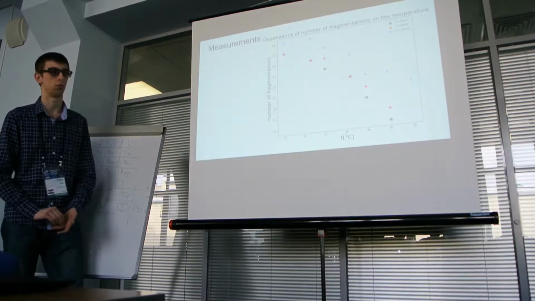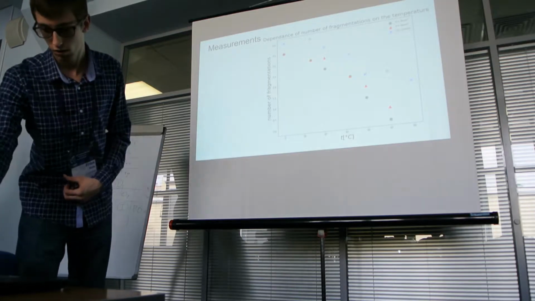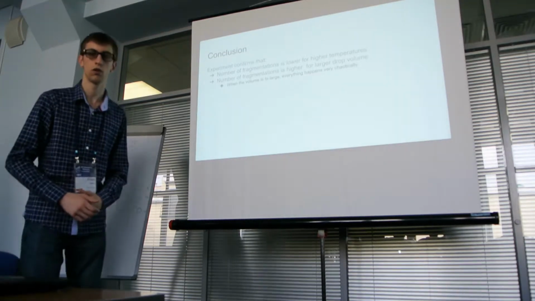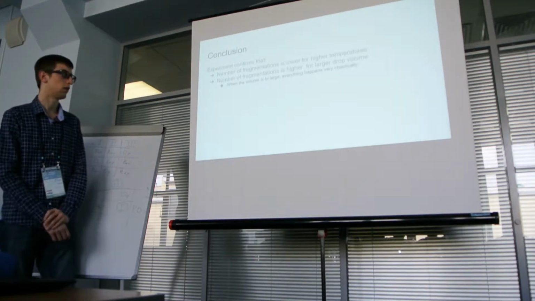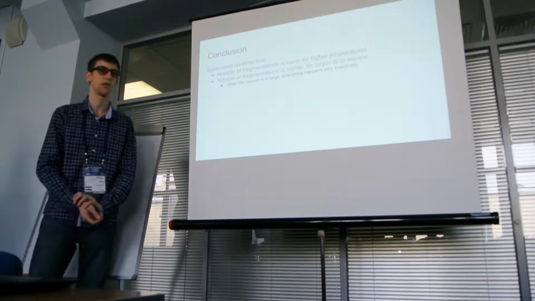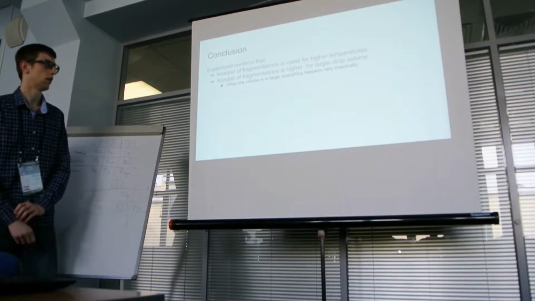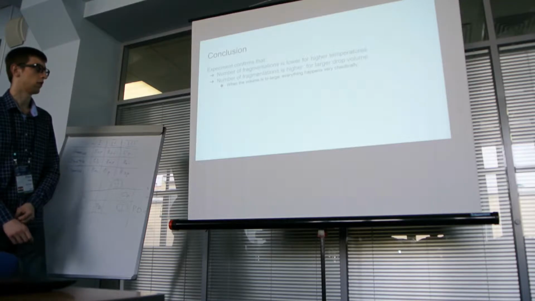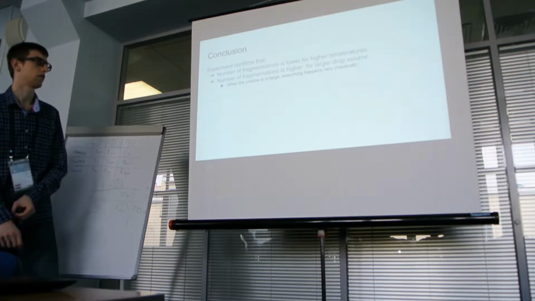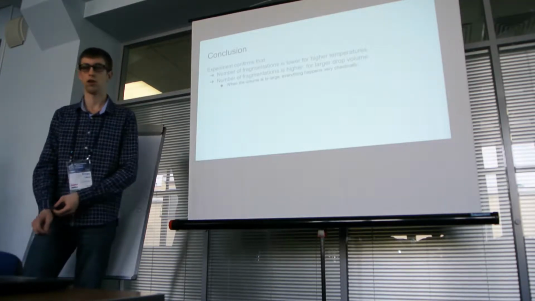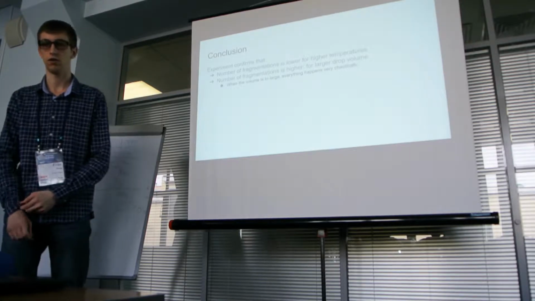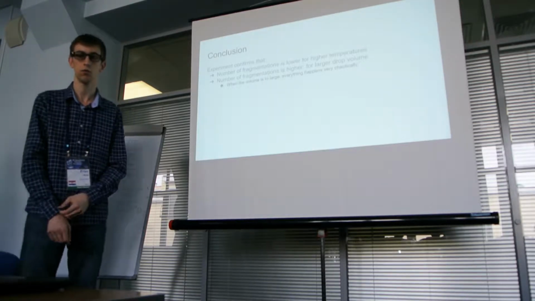We never observed more than 4. So our conclusion is that our experiments did confirm our theory. The number of fragmentations is lower for higher temperatures and larger for larger volumes.